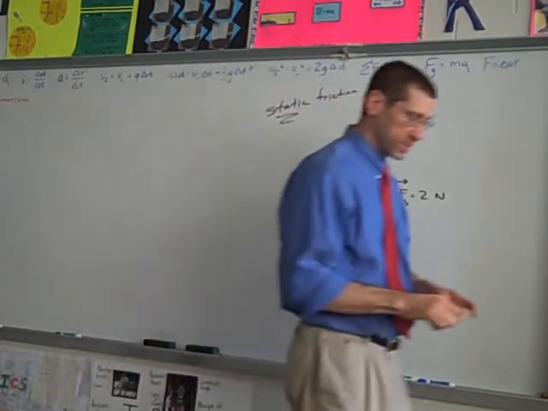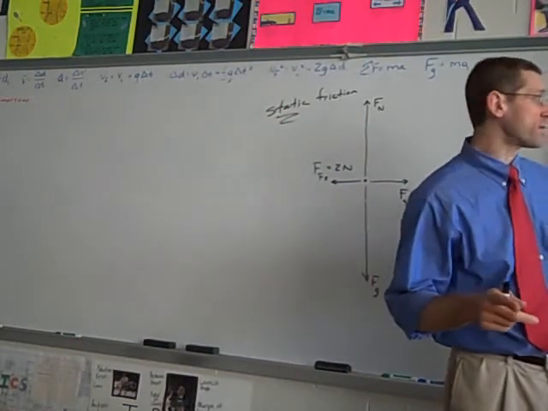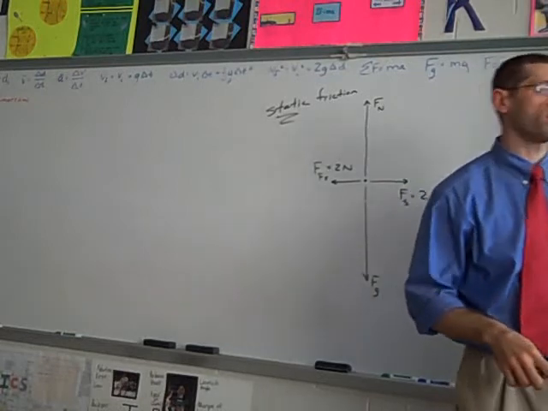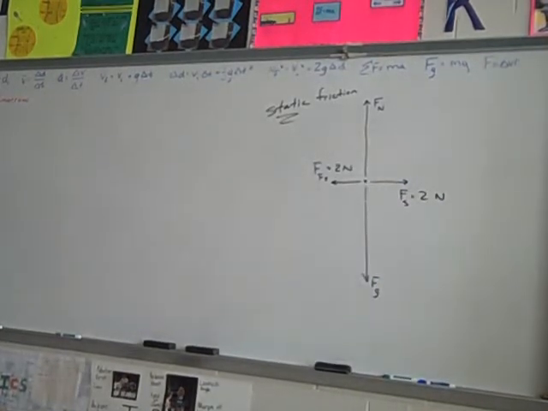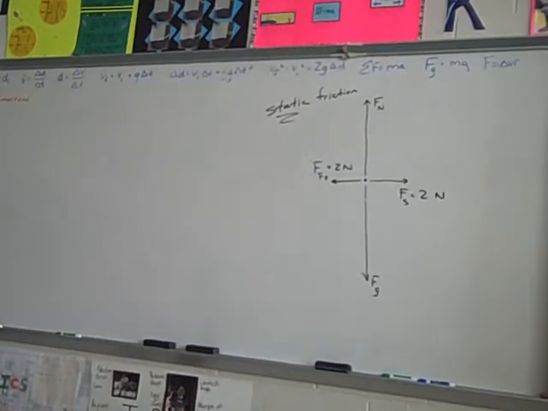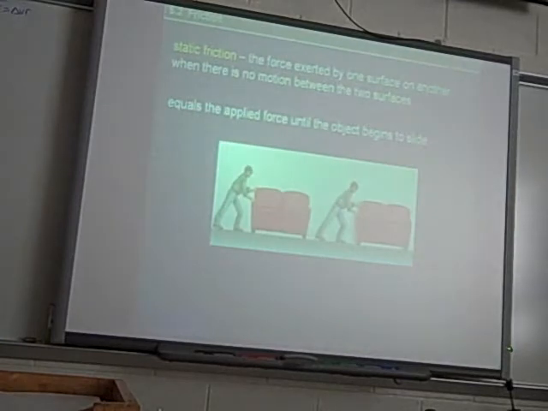That's the kind of friction that's present when the objects are not moving relative to each other, but there is a force being applied. So static friction is one type we're going to look at. The force exerted by one surface on another when there is no motion between the two surfaces.